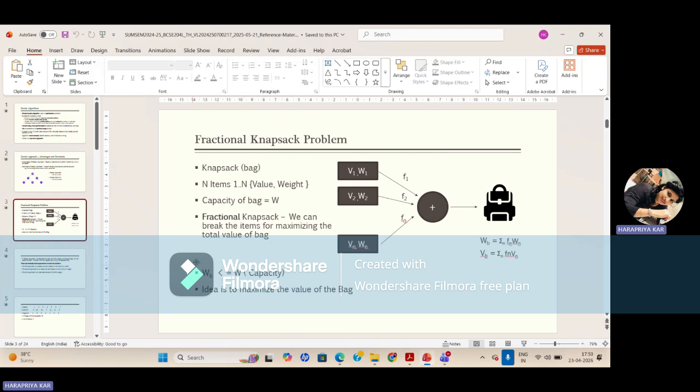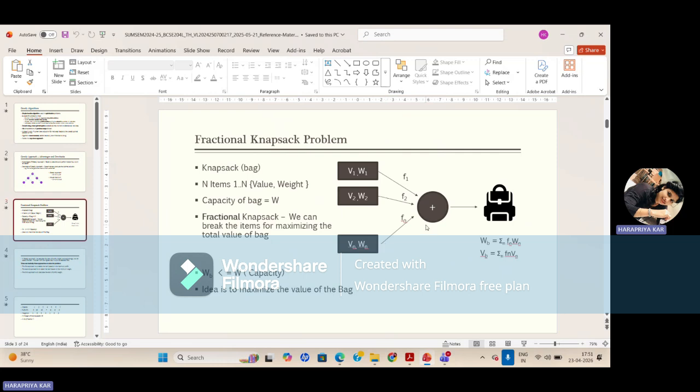So now you can see B1, W1, B2, W2, Bn, Wn. Okay, the values are given. Then fractions F1, F2, Fn. The formula always goes with W of B, where the weight of the bag is less than or equal to W. The weight of the bag is the summation over n of f of n times w of n.